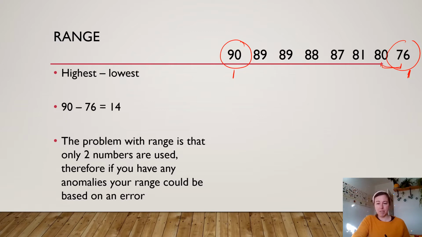That's quite a big difference compared to the rest of them. And 80 and 81 and 76, that's a 5-6 digit gap here. So if all your points are really close together, range is helpful. But if all your points are really close together and you have this one down here, range is not so helpful. You can have a range that's based on some random error.